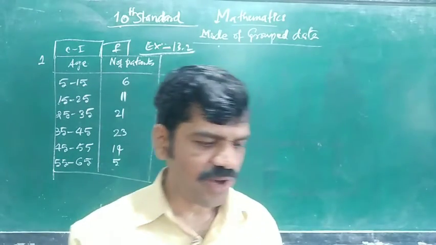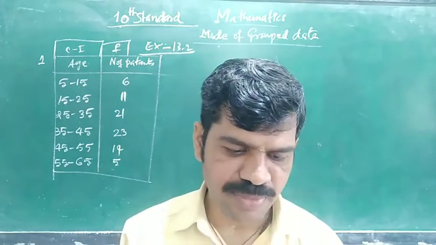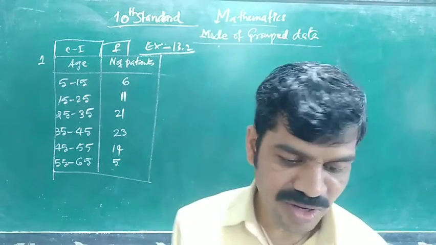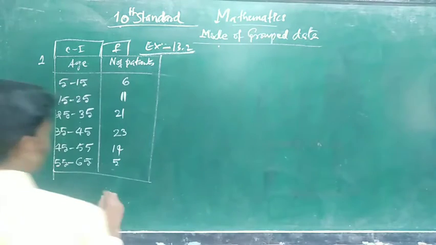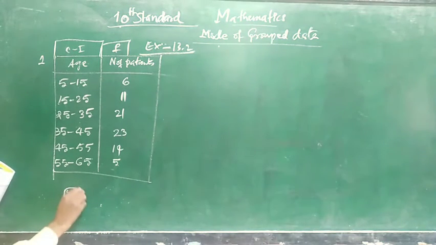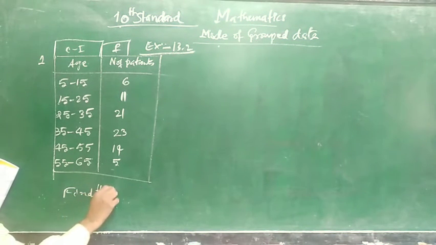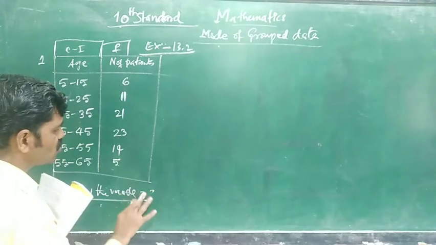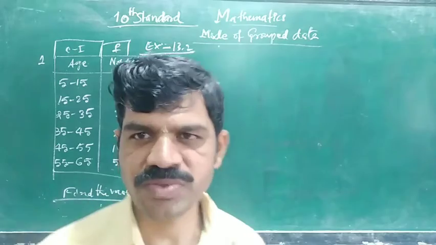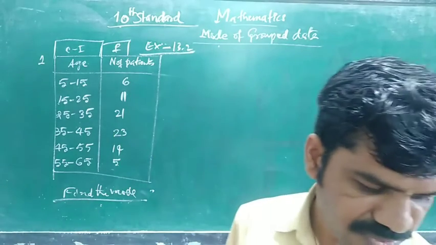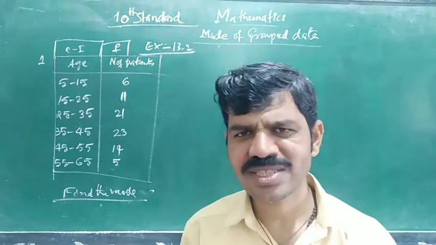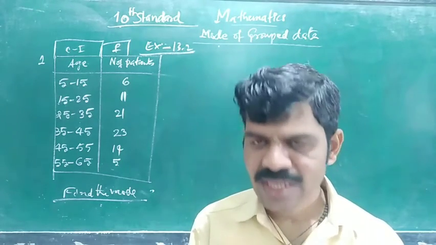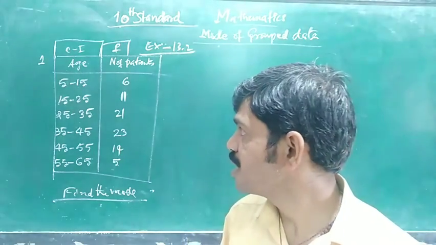The following table shows the ages of the patients admitted in a hospital during the year. Find the mode of the given data. So mode is equal to how much we need to find. To understand this, dear students, you see the data.